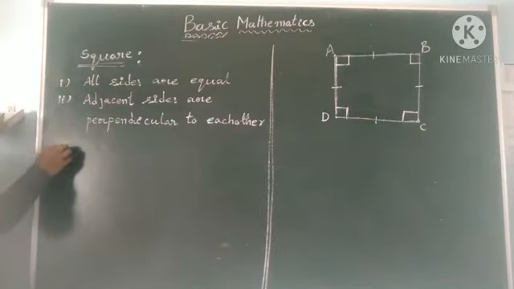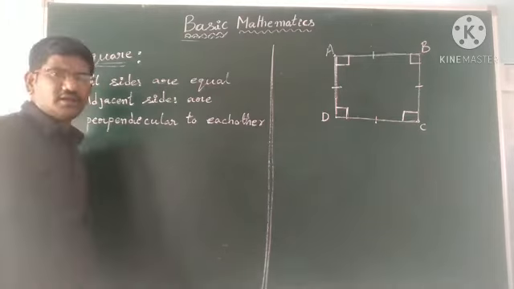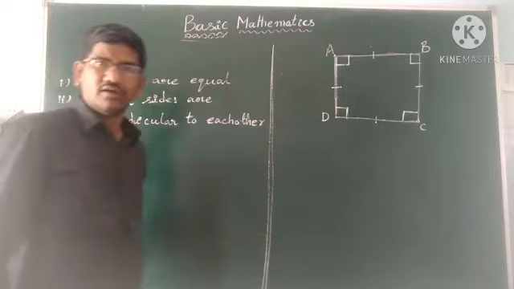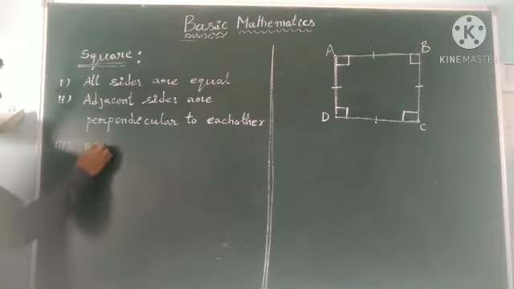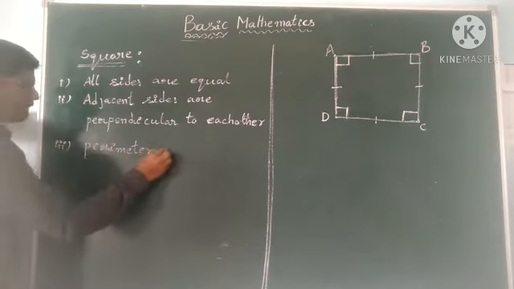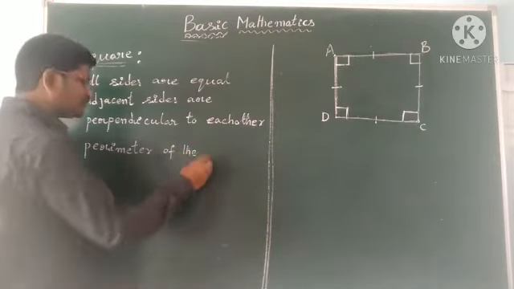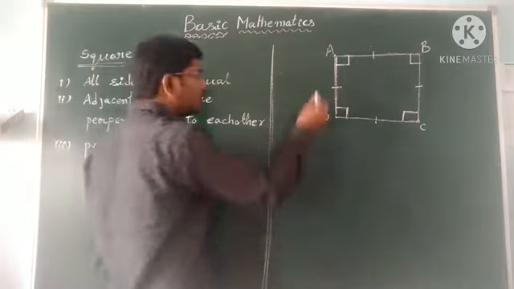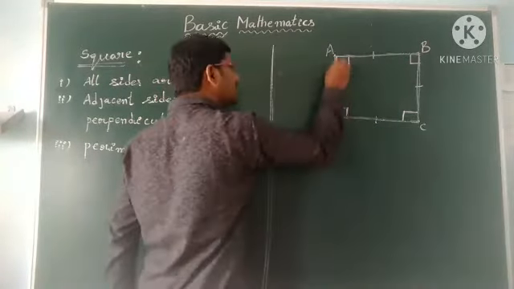Now see the third point. Adjacent sides are perpendicular to each other, we have written. Now the third point: perimeter of the square. Perimeter means total boundary, that is AB, BC, CD, AD.